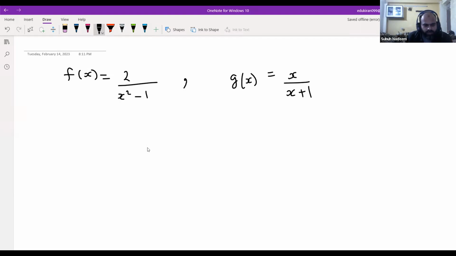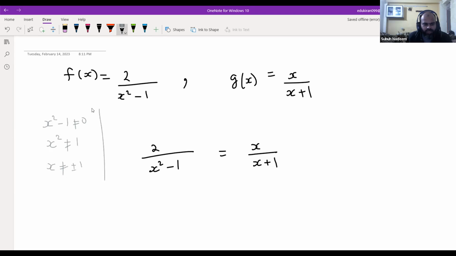So if you equate them, 2 by x square minus 1 equated to x by x plus 1. One thing which you have to keep in mind here is that both the functions should be defined. So you have to specify where it is not defined. x square minus 1 should not be equal to 0, which means x should not be equal to plus minus 1.